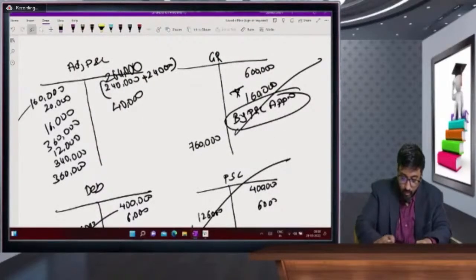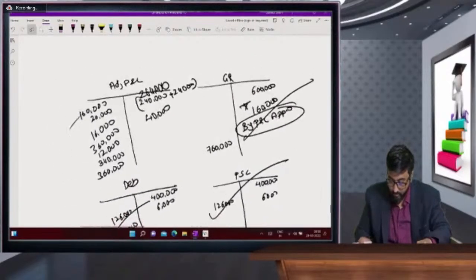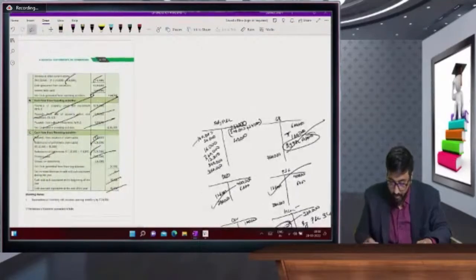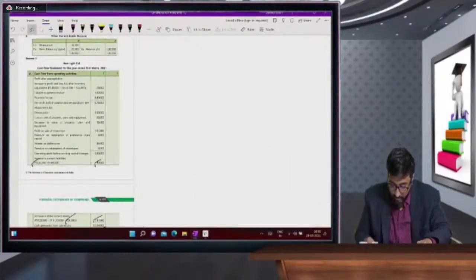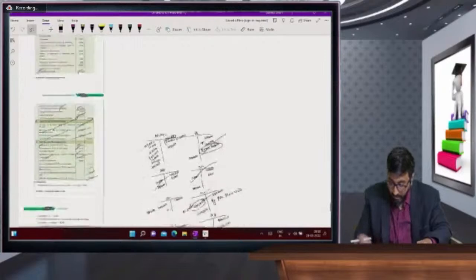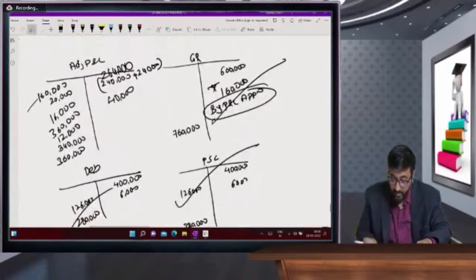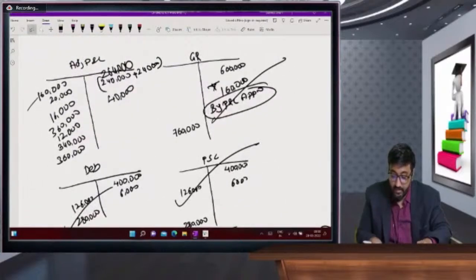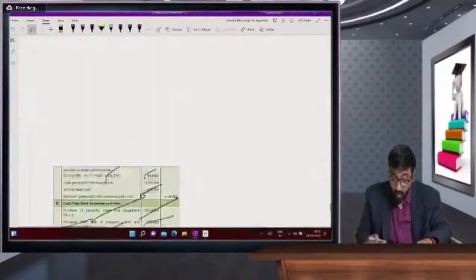264 plus 40 minus 160 minus 20 minus 16 minus 360 minus 12 minus 340 minus 360. I am getting 9,64,000. And interest is a hidden adjustment. Again, interest is hidden adjustment. I forgot that adjustment.